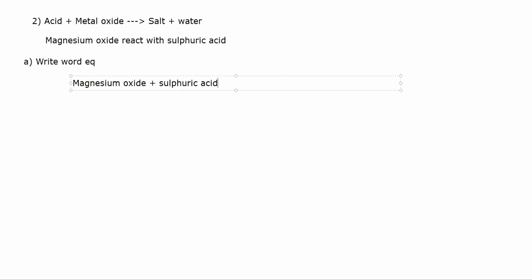Magnesium oxide plus sulfuric acid. What is the result here? This will form magnesium sulfate plus water.